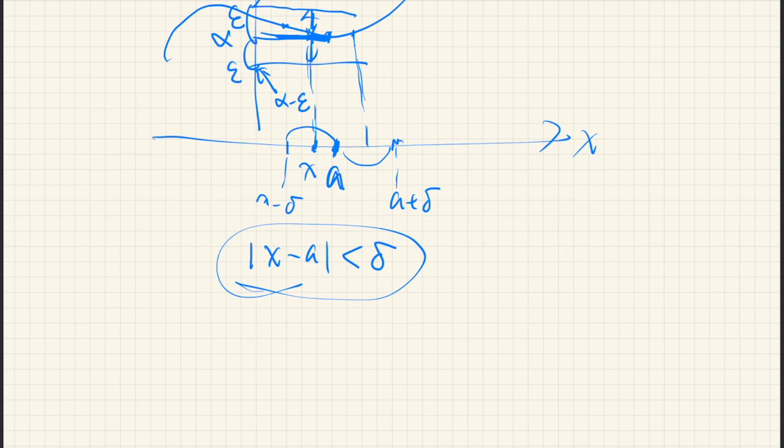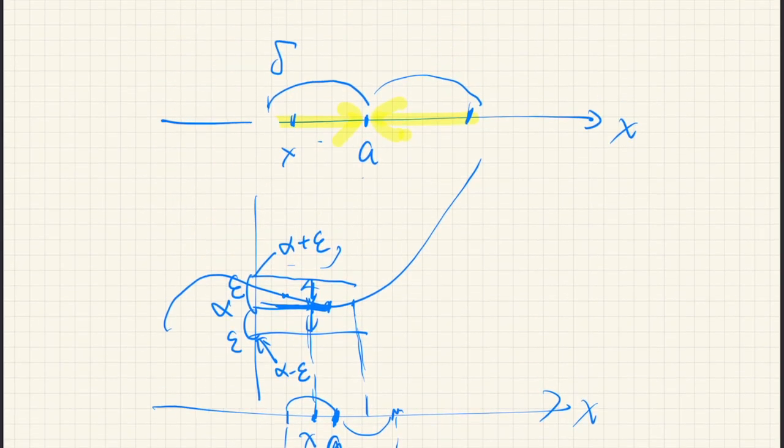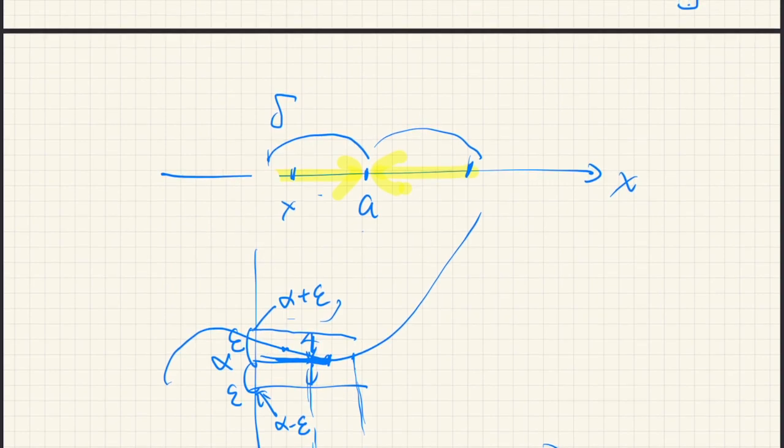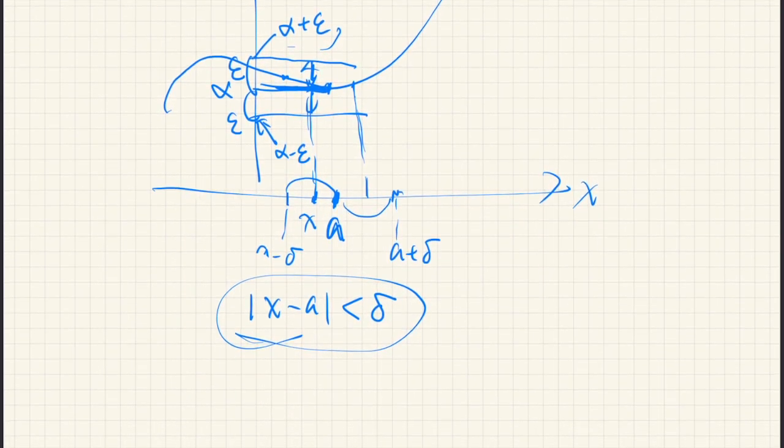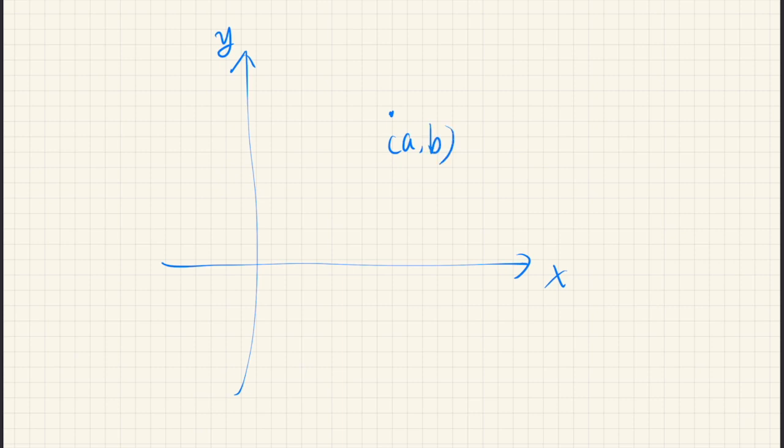Okay, so how can we extend this idea to multivariate case? In bivariate case, it is a bit complicated because, let's say we have (a, b) here. To approach this point, there are infinitely many directions.